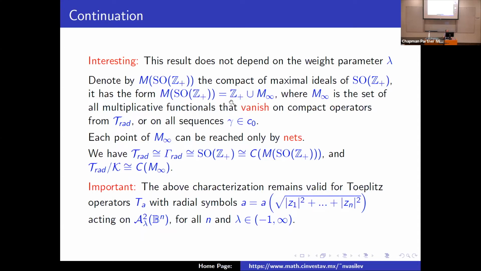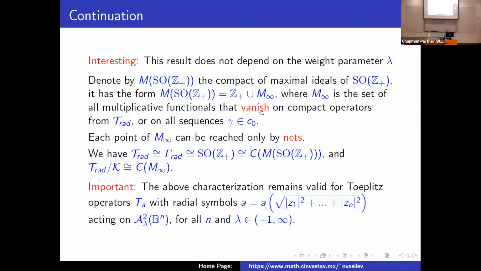And if you would like to study its compact of maximal ideals, it has this description. First of all, it is the integers, Z plus, and a fiber M infinity. The integers part is very simple. It consists of all evaluation functionals of a sequence: the first, second, third element of the sequence, and so forth. Sequences are slowly oscillating, so they have a bunch of partial limits at infinity.